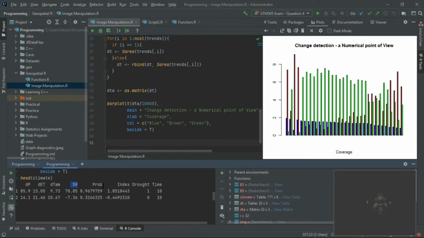This is water balance, and then these are the probabilities of these values to occur, and this is an SPI index for each of these probabilities. This tells us that there has been drought, and this tells us that there has been abundance of rain. So the negative values are droughts and the positive values are abundance of rain, right?